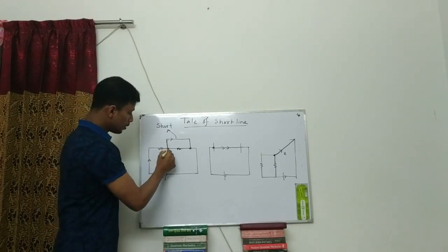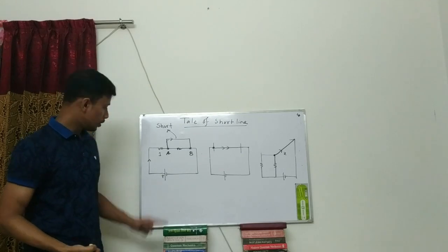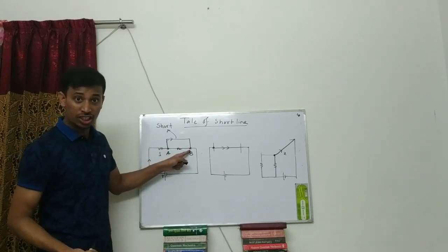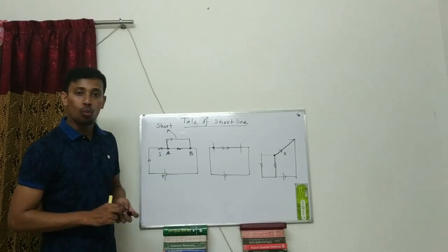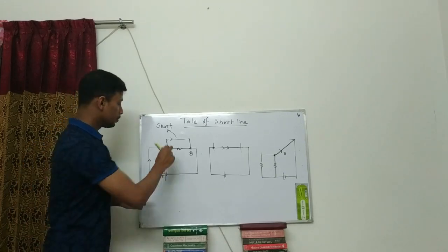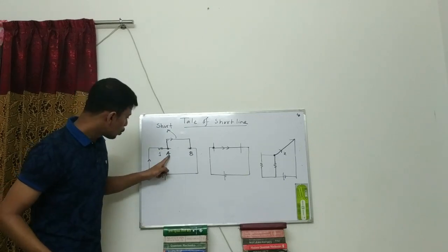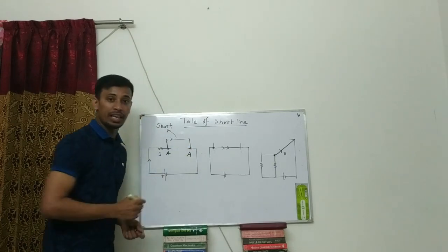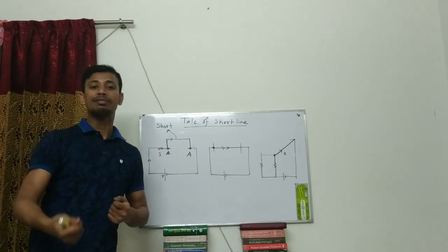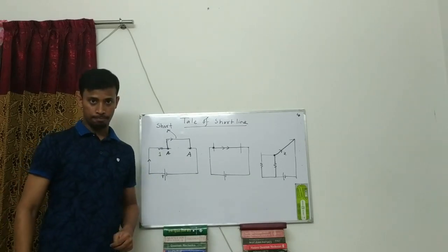Obviously these two are different points and the potentials of these two points are different because we have a resistance here. But once you use a short line, this resistance will not work. So these two points will be the same. Short lines make points similar. A and B are both the same point.